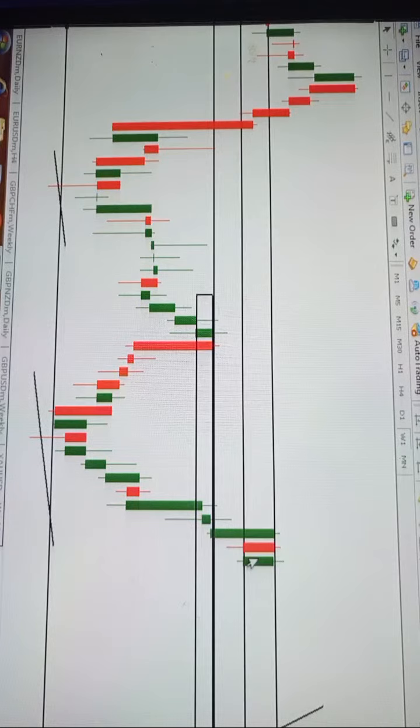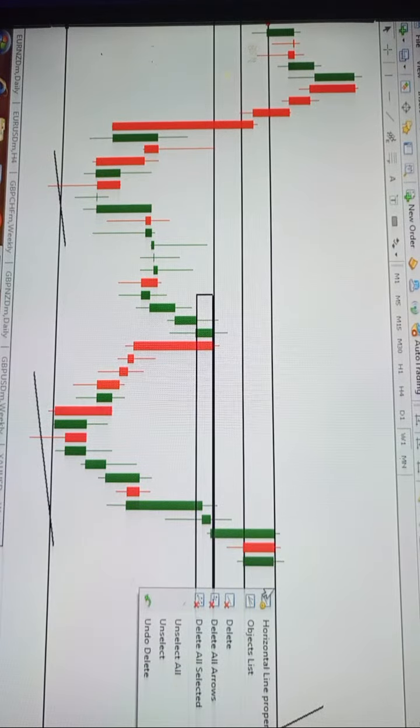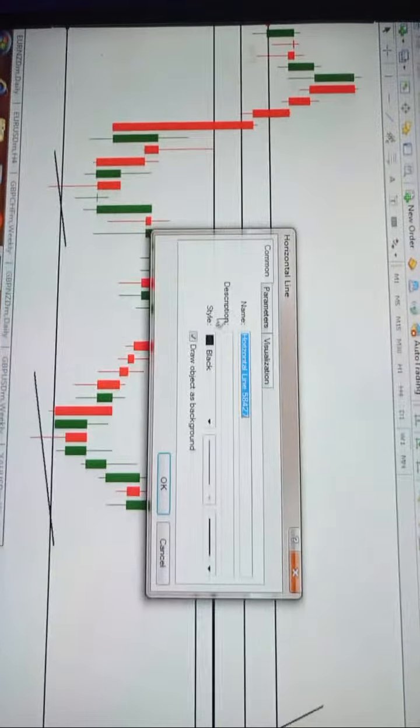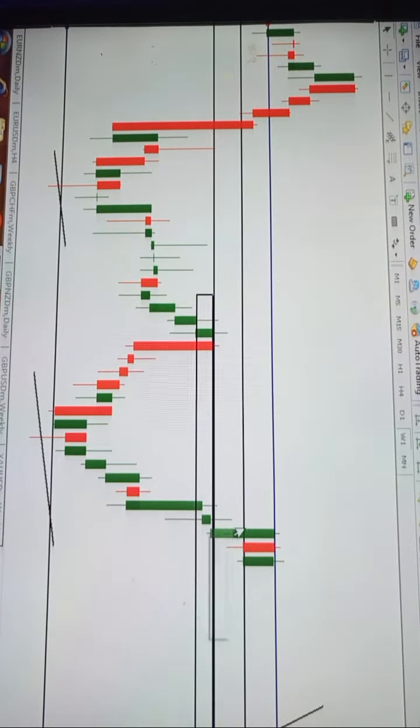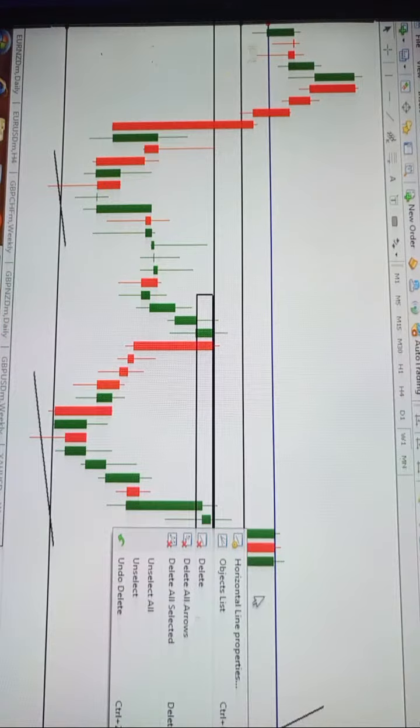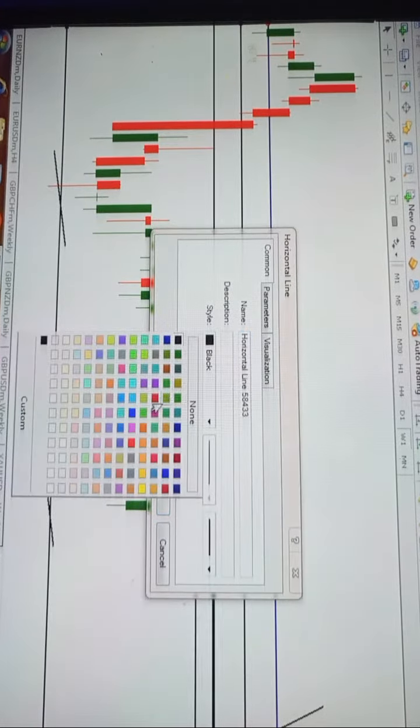I'm marking the opening and the closing price. Let me change it to a different color so that it doesn't confuse you. Blue. Okay, now we have marked that as our blue: the opening and closing prices of that daily candle.